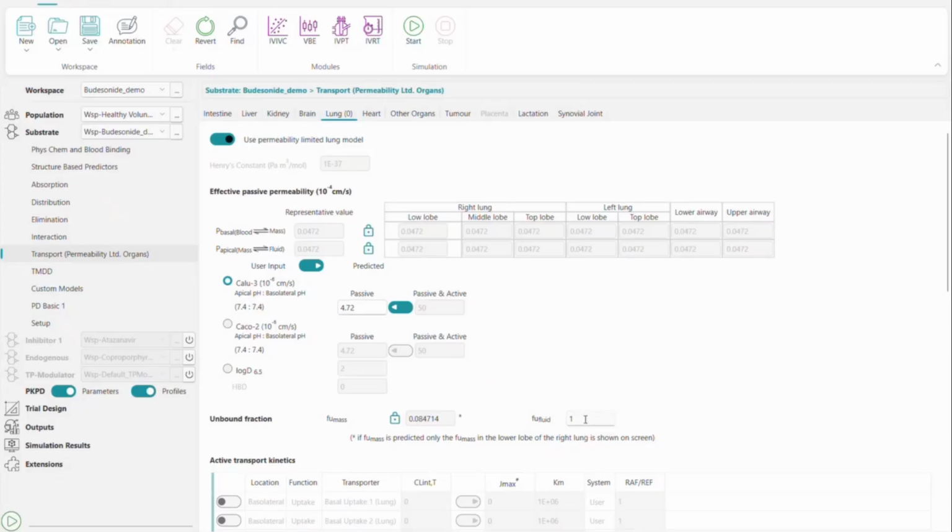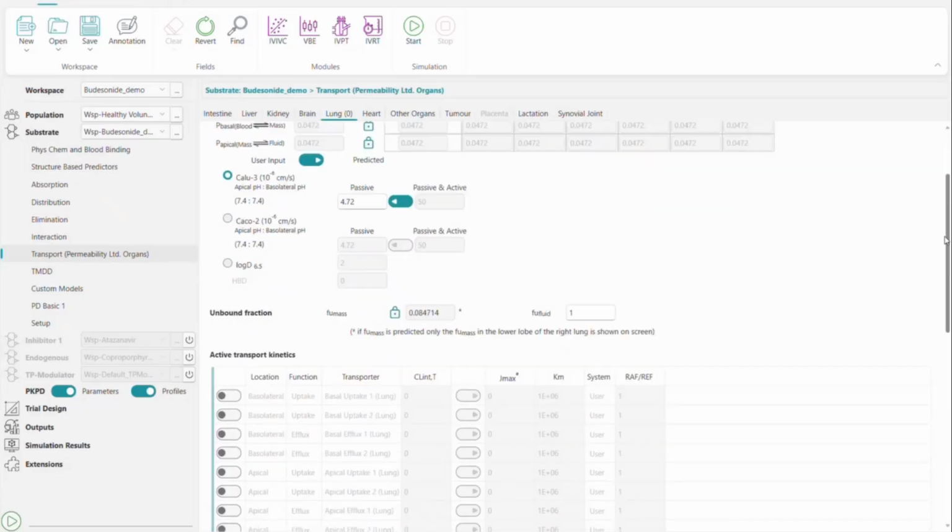But that's still something I actually want to look at, maybe different predictors, if you can get some information to produce a better predictor for that. Typically, a lot of the cases use the FE fluid of 1, but it's good to look at the sensitivity of that after the model's finished. So look at sensitivity analysis, either local or global sensitivity analysis, and include the FE fluid.